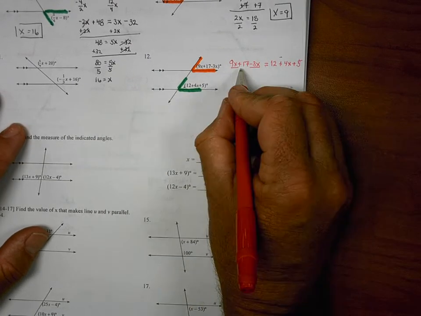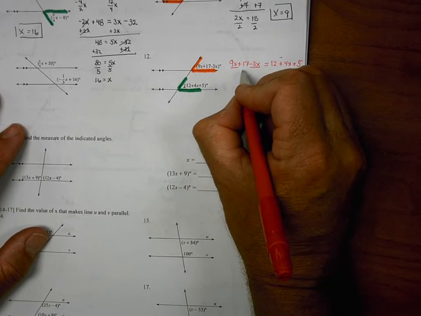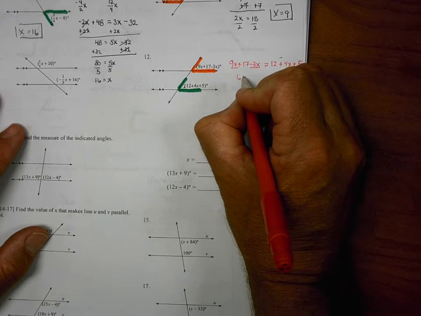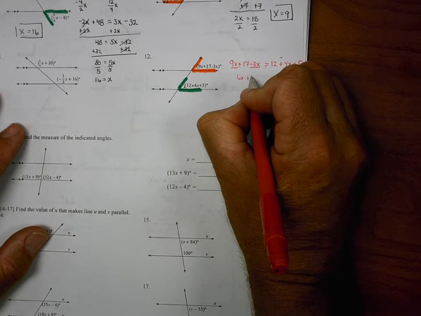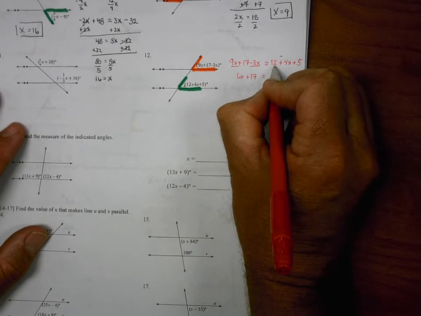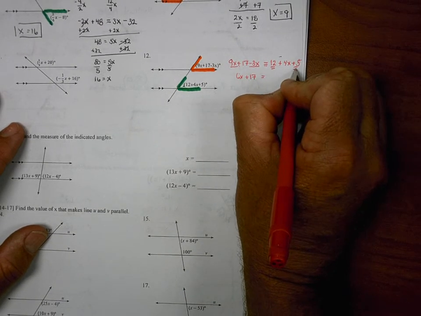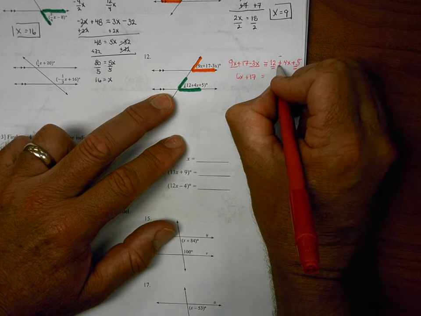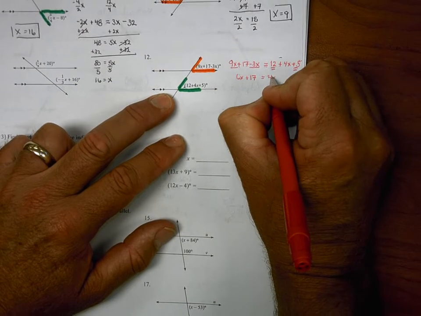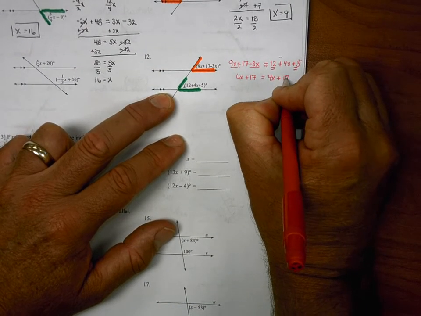I'm just going to combine like terms first. So 9x minus 3x gives me 6x, and then I have the plus 17. I have the equal, and then over here on the right side of the equation, I'm going to combine the 12 with the plus 5. Okay, so I'm going to write this as 4x, and then 12 plus 5 gives me positive 17.